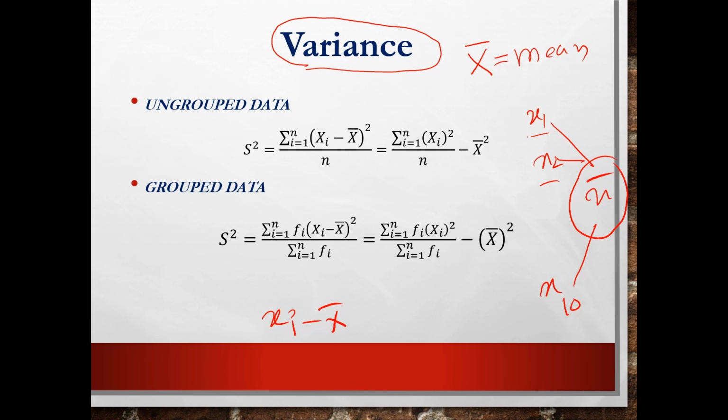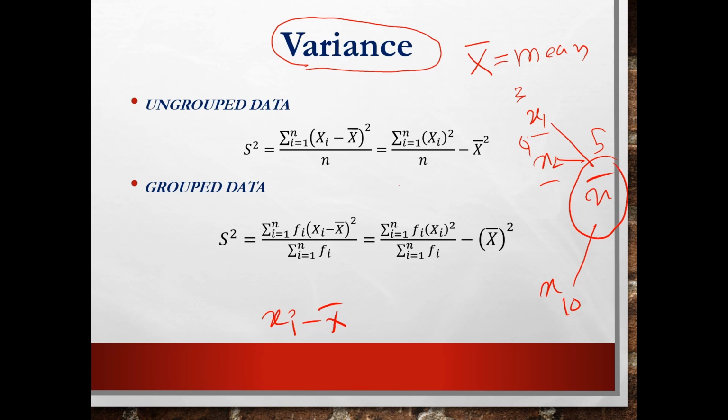If it is 2 units above the mean or 2 units below the mean, it has the same magnitude with respect to the distance. So we consider the squared distance, not the raw distance. So if this is 3, and the mean is 5, then 3 minus 5 squared is the squared distance. Likewise for each observation, you calculate that squared distance, add them up and divide by the number of observations to get the mean of the squared distances.